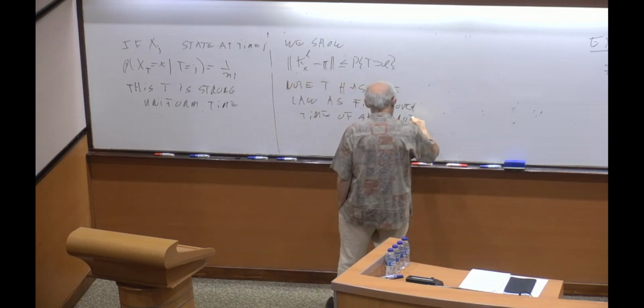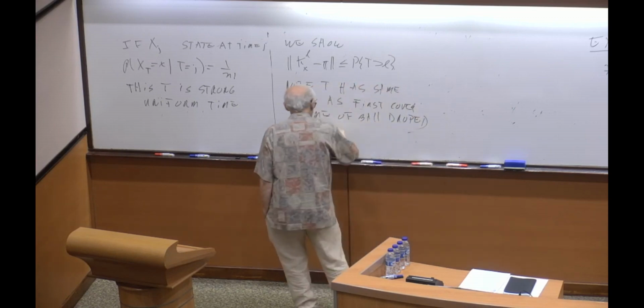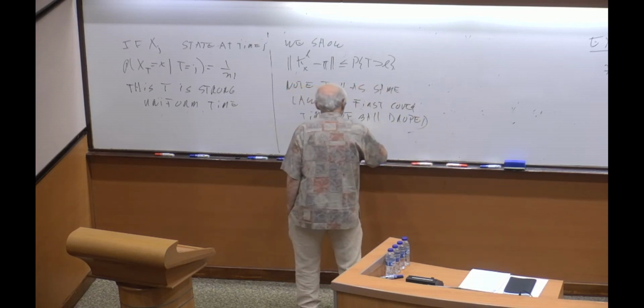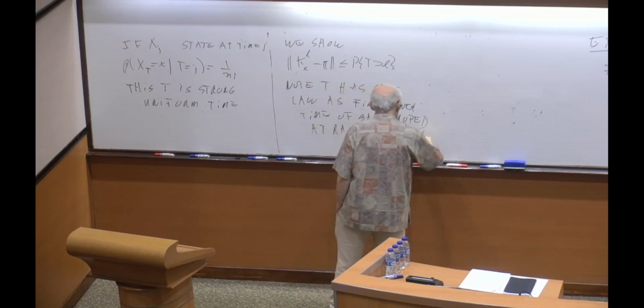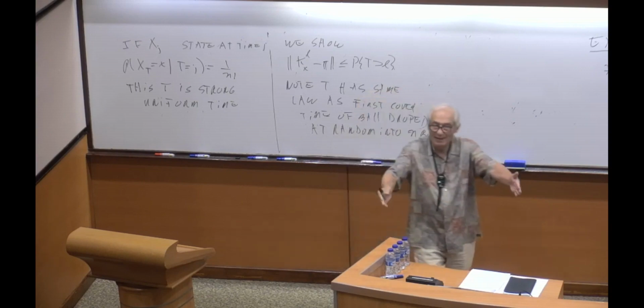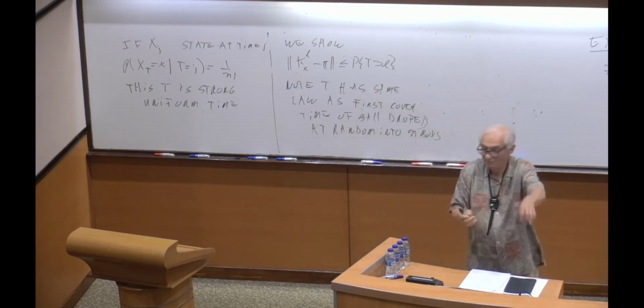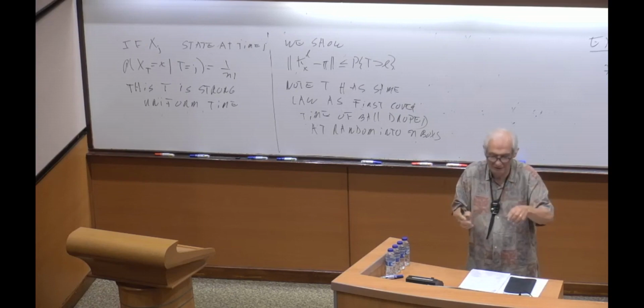This is the coupon collector's problem. Balls dropped at random into n boxes. So let me try to explain that. Suppose I had n empty boxes, and each time I'm picking a box at random and putting a ball in.